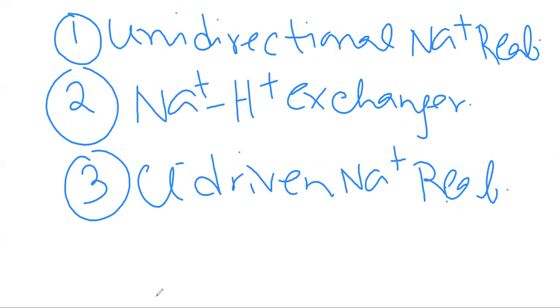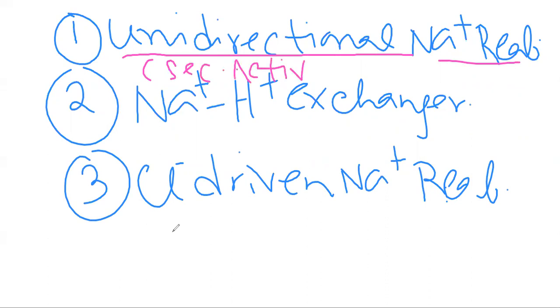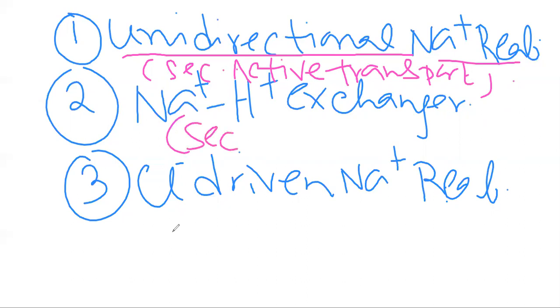Now here one thing you have to understand: this process is actually known as the secondary active transport mechanism. Sodium ion will be reabsorbed in this process, but hydrogen ion will be excreted.